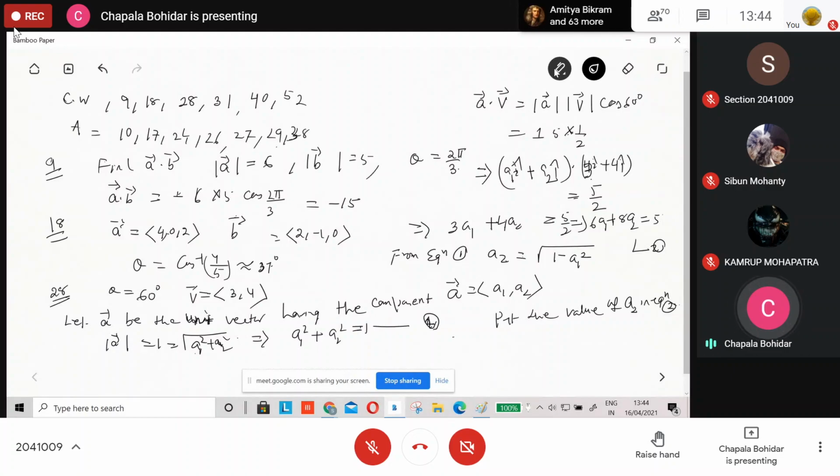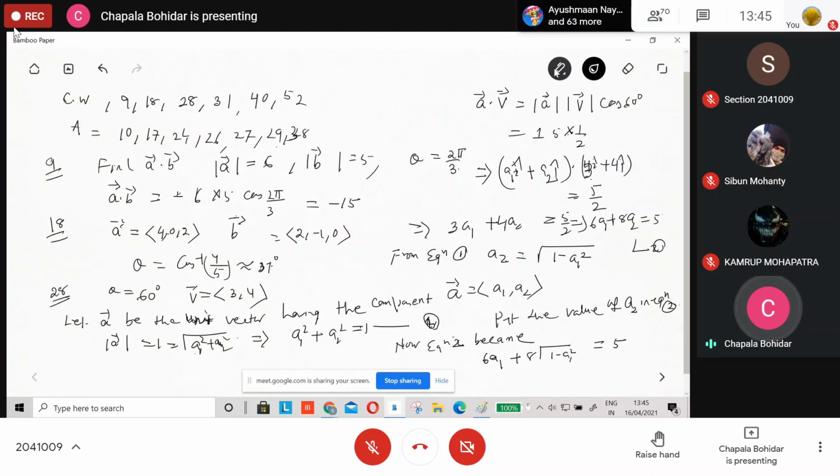So now I'm putting the value here. Equation 2 became 6a1 plus 8 into root over of 1 minus a1 square is equal to 5.